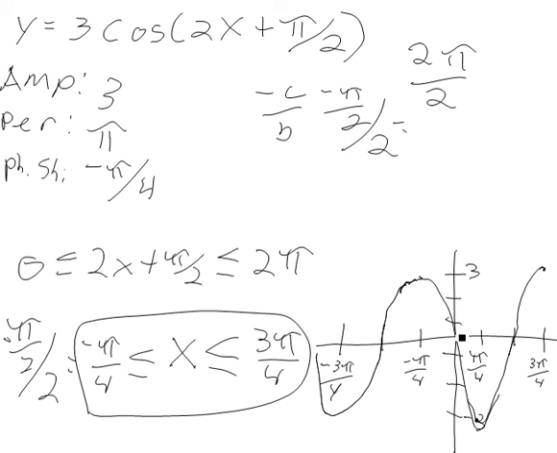And there you can see the basic points we're going to be going across on our graph, and that would be the graph for y equals 3 cosine of 2x plus pi over 2.